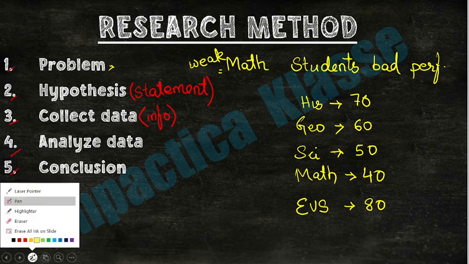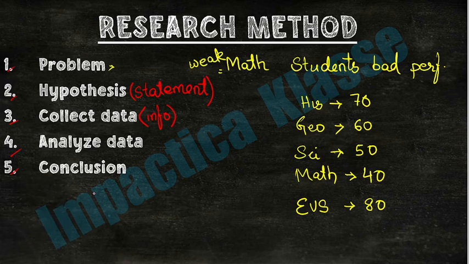The next step is to analyze your data. What do we mean by analyzing your data? In the previous step we collected the data. In this step we will understand what message is given by the data.